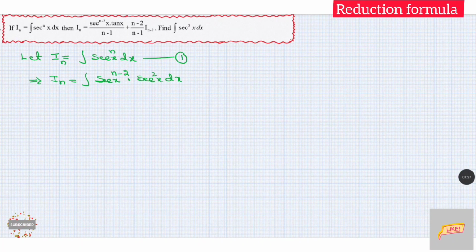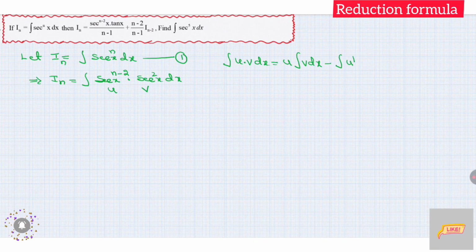Now apply u into v integration by parts. We know that integration u into v dx is equal to u into integration v dx minus integration of u dash, that is, the derivative of u, into integration v dx, whole dx.